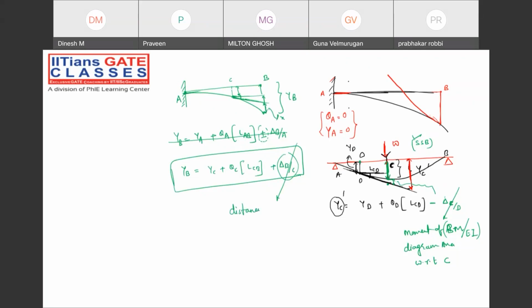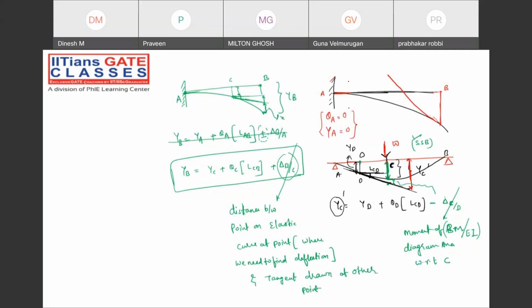The distance between the point on the elastic curve at the point where we need to find the deflection, and one more point, the tangent drawn at the other point.